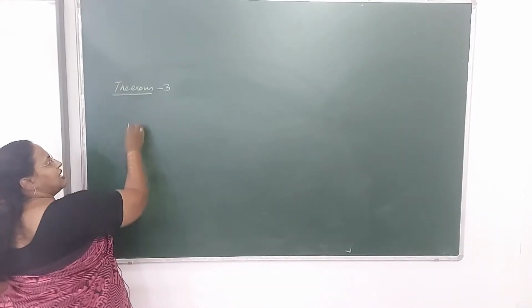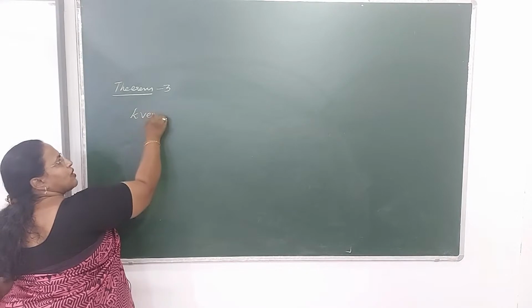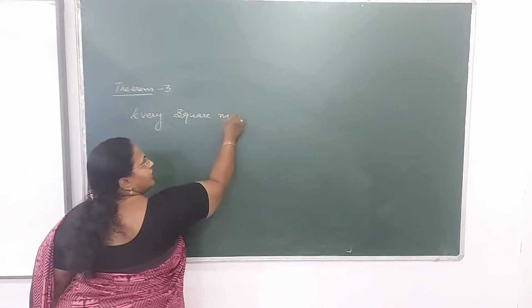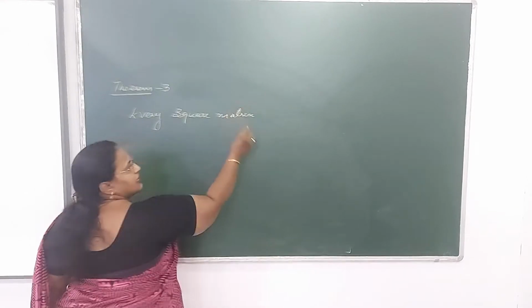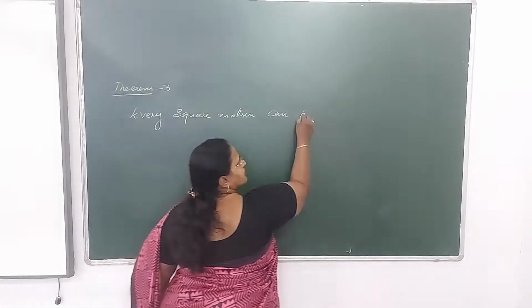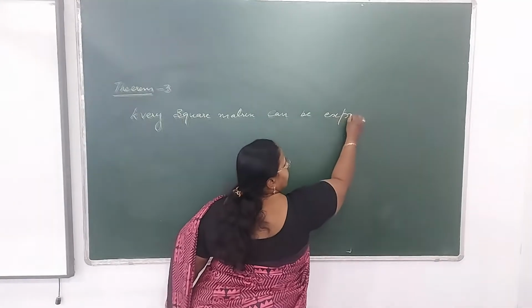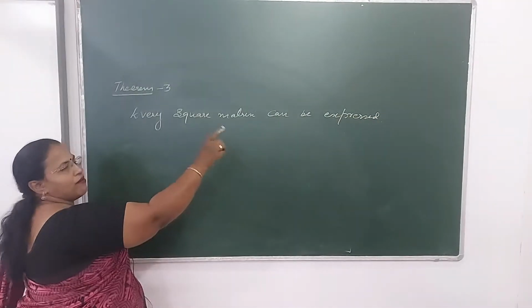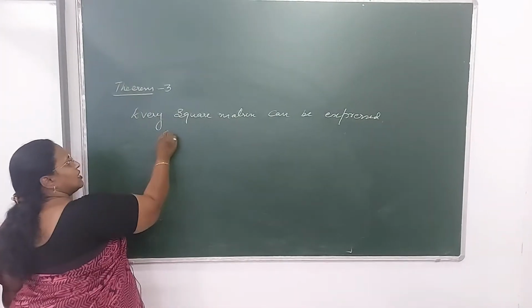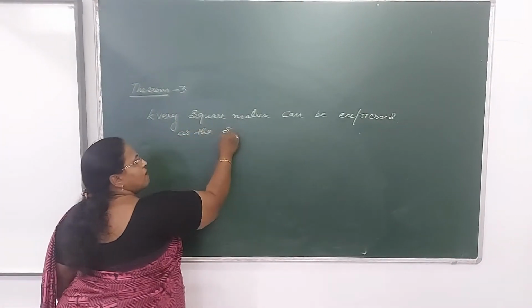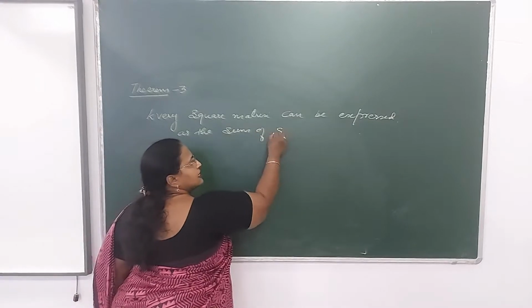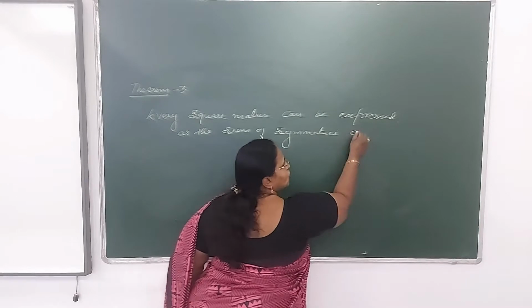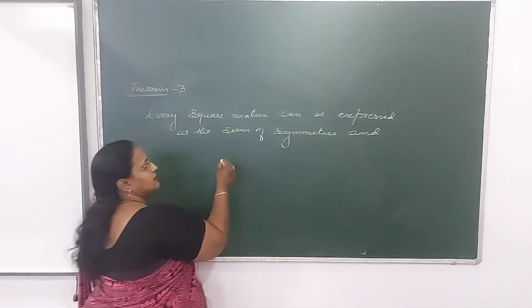This theorem states that every square matrix can be expressed as the sum of a symmetric and a skew symmetric matrix.